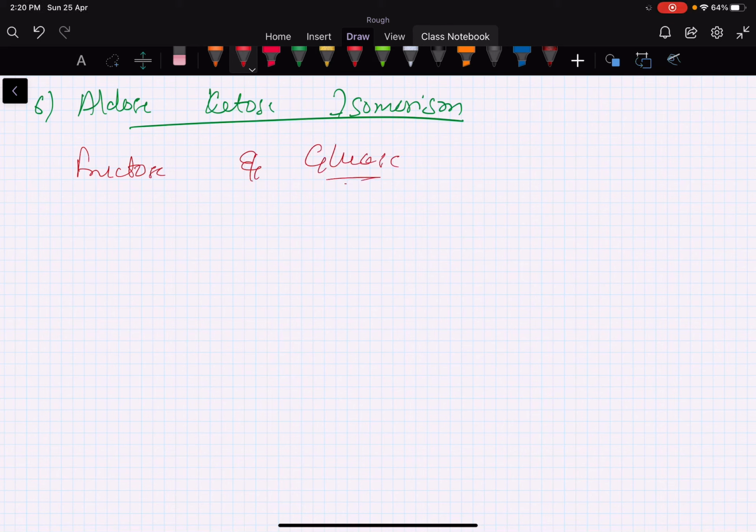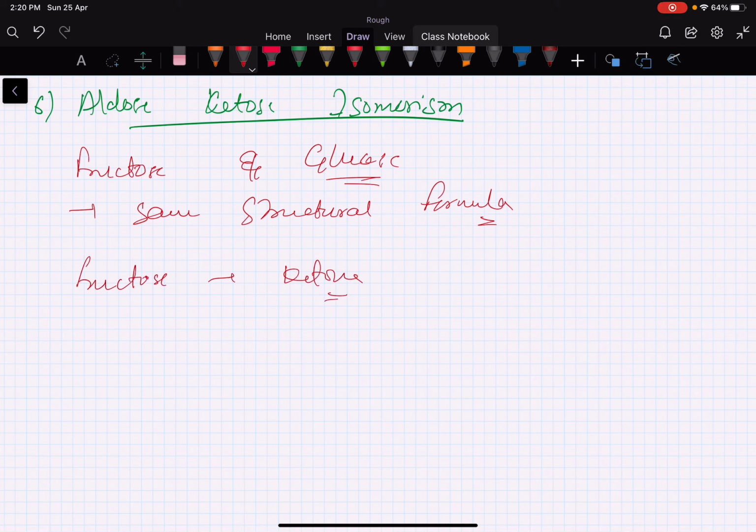How is it so? They will have the same molecular formula, but fructose has a ketone group at carbon number 2, whereas glucose has an aldehyde group at its first carbon.